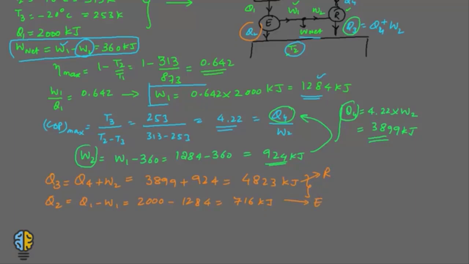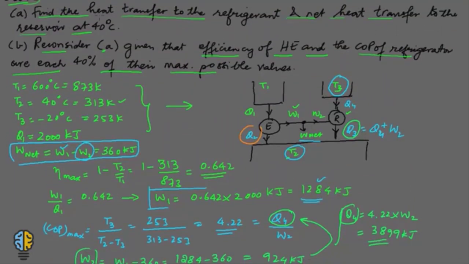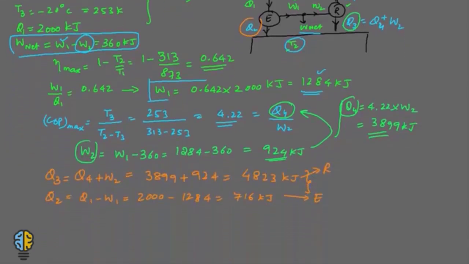Okay. Now if you go back to the question and look at what is to be found out in part A, that is, find the heat transfer to the refrigerant and the heat transfer to the reservoir at 40 degrees Celsius. Now, this is the heat rejection by the refrigerator to the refrigerant, that is 4823 kilojoules, and Q2 is the amount of heat rejected by the engine to the reservoir at 40 degrees Celsius.